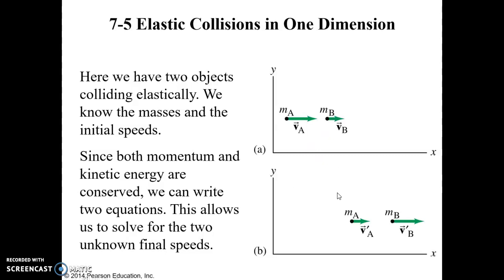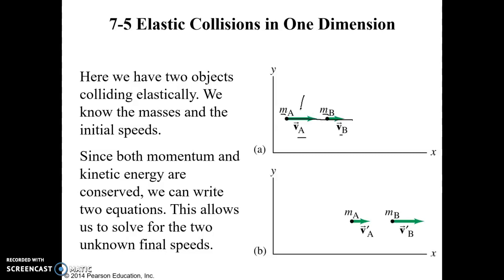Again, this slide is essentially illustrating what we've been talking about, whether billiard balls hitting each other or train cars. We have two objects in a straight line with each other that have an initial momentum and velocity.